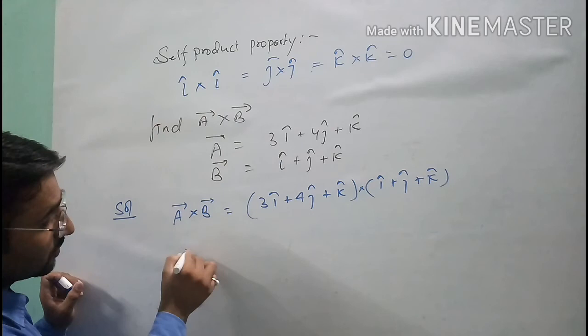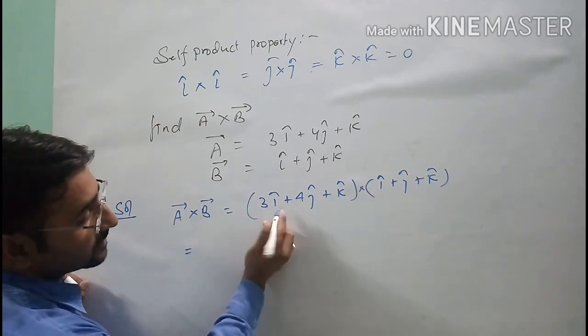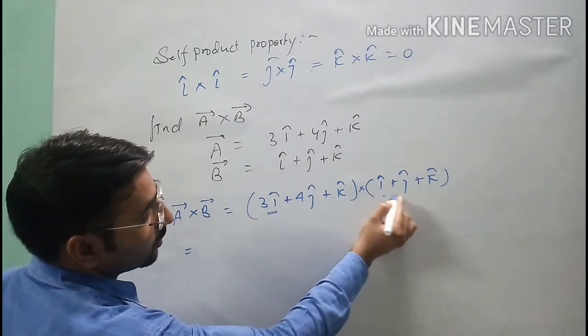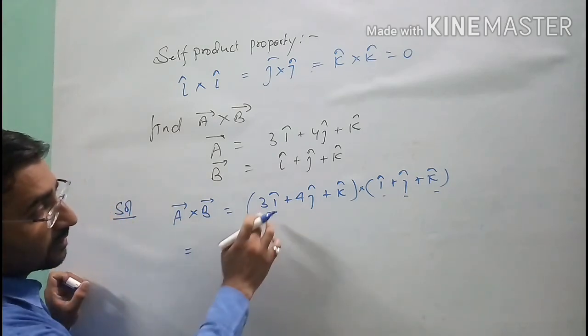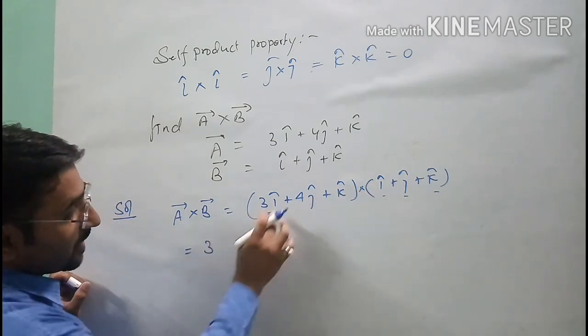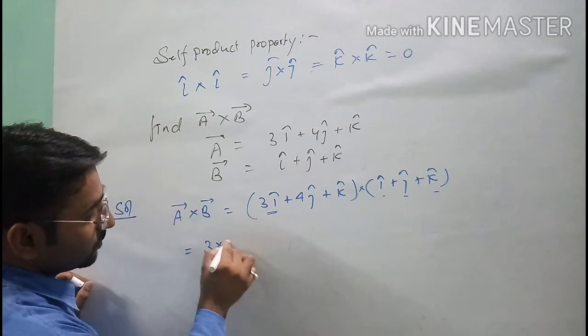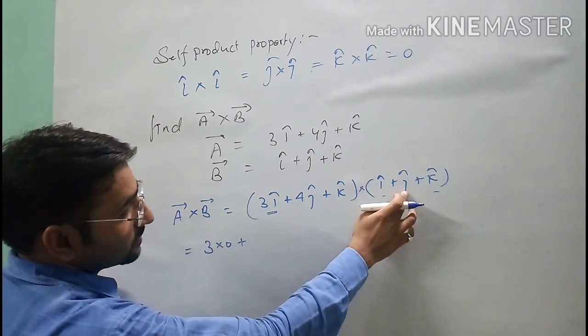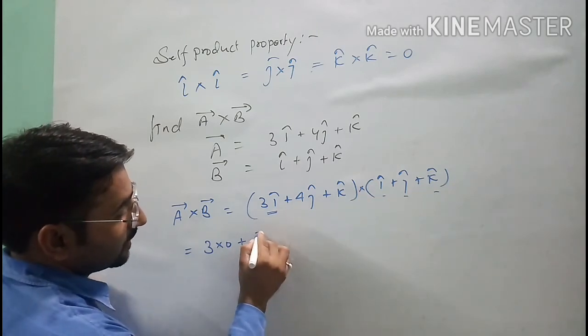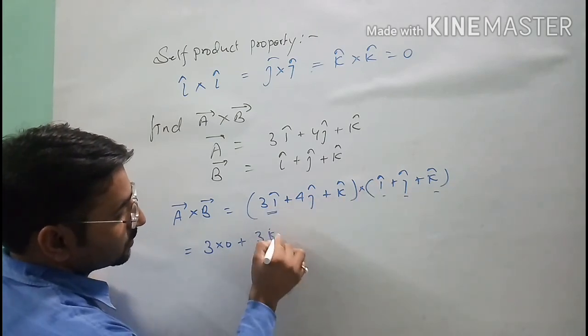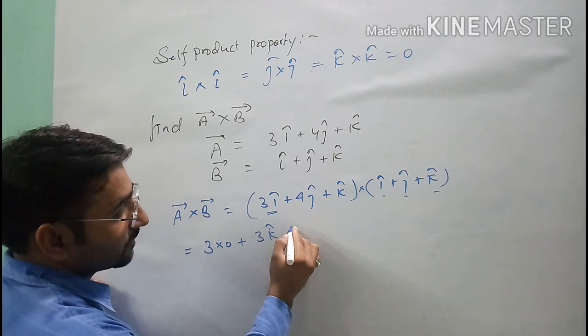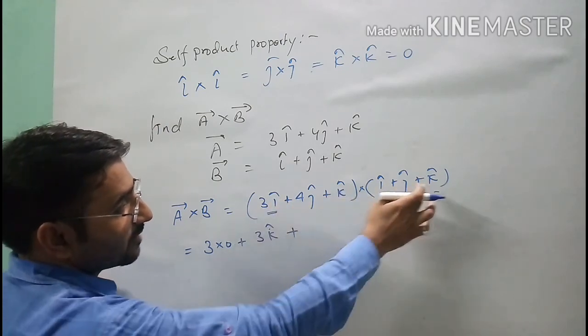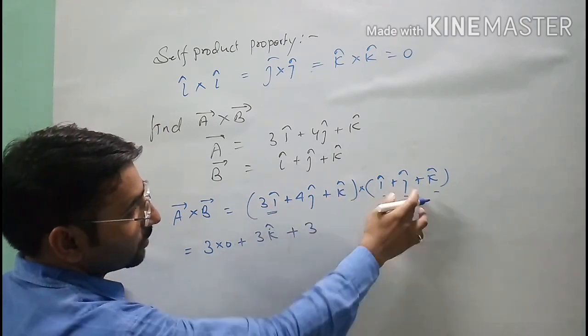So find the value. First I will multiply 3i cap with all the individual values. 3i cap cross i cap, you know that i cross i is 0, so I will write here 0, plus 3 i cross j is equal to k cap. After that, plus 3i cap into this k, 3 i cross k.